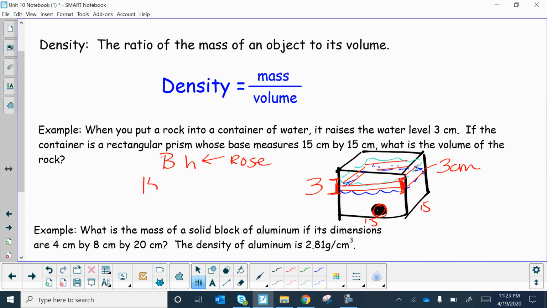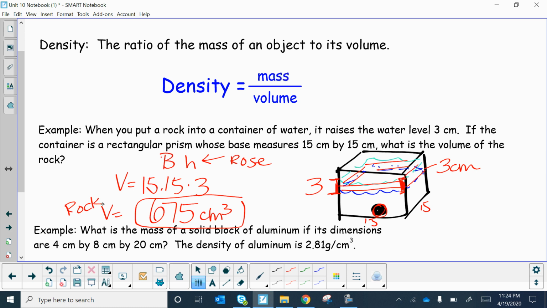So we're going to do 15 times 15 because that's the area of the base, and then times 3 because that's how much the water rose. And that's going to give you the volume of the rock because that's displacement. So that's 675 cubic centimeters. Okay, that's the volume of the rock.